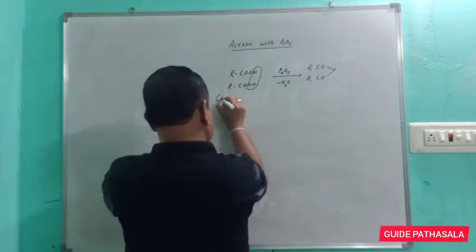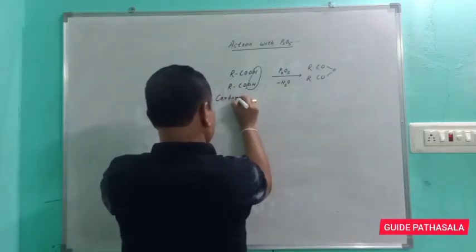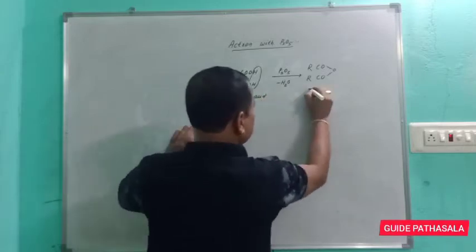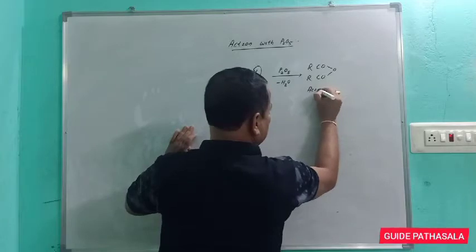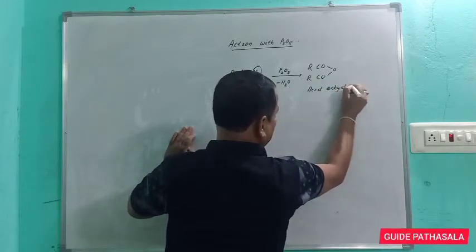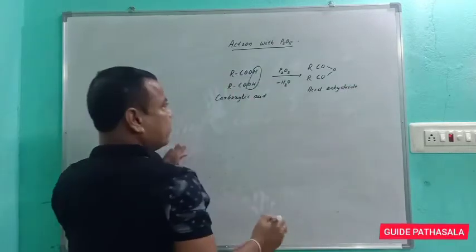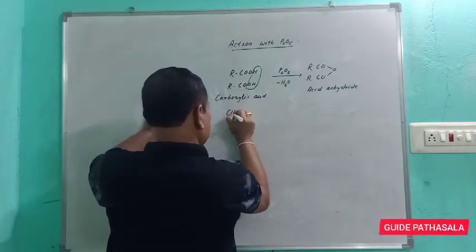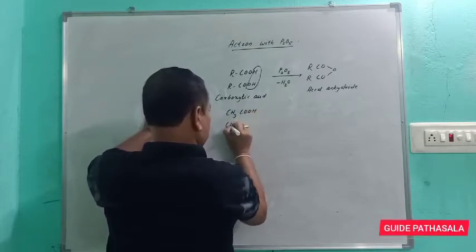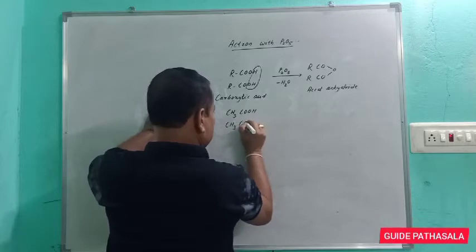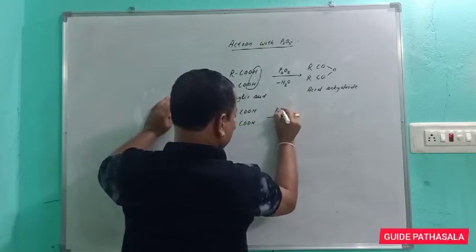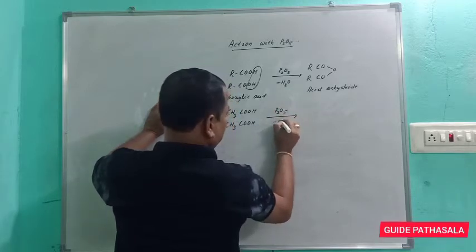So your carboxylic acid gives the acid anhydride. If you take acetic acid, CH3COOH, two molecules of acetic acid, when treated with P2O5, lose a water molecule.